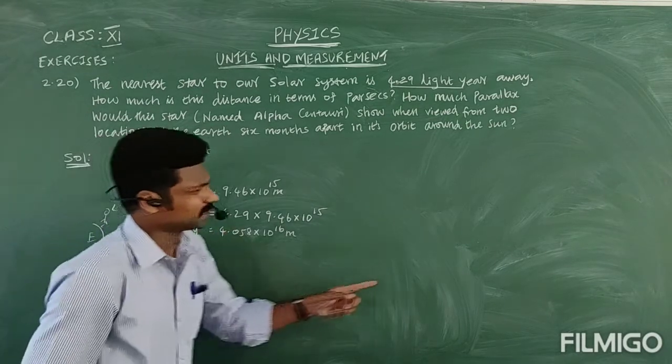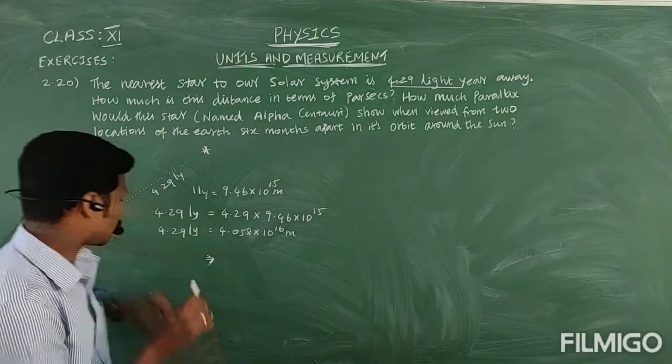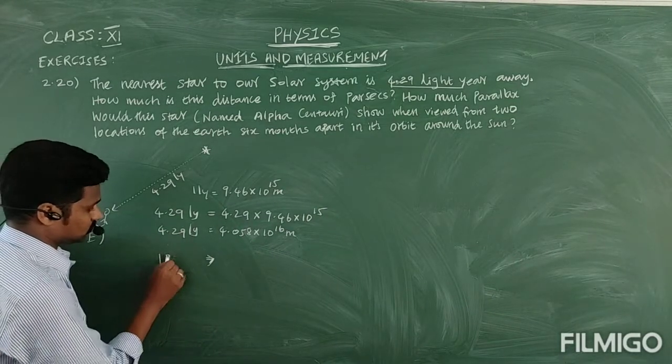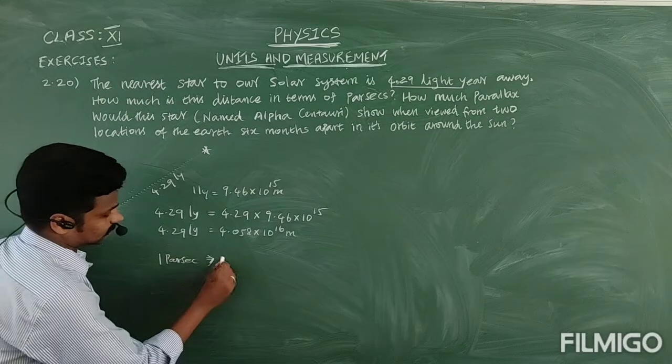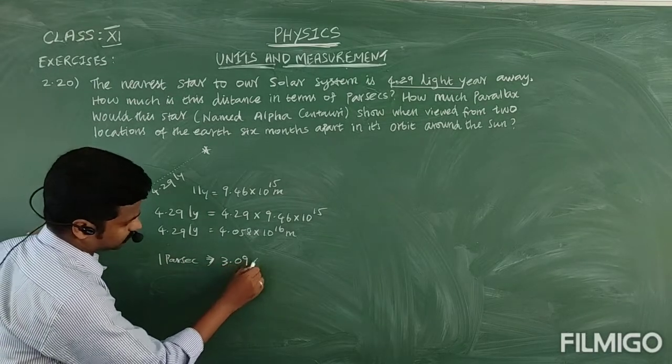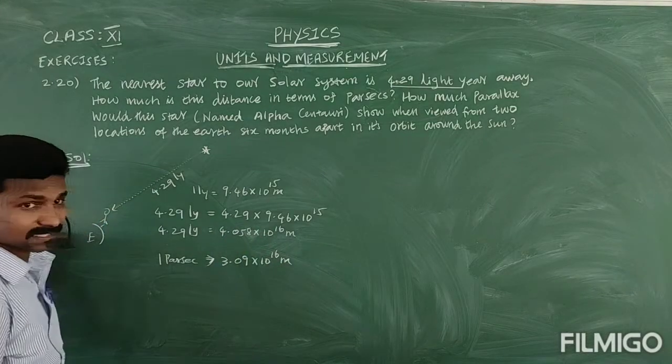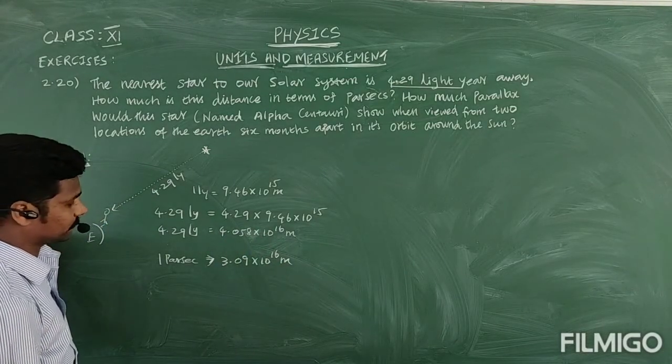So we know that 1 parsec is 3.09 into 10 power 16 meter.